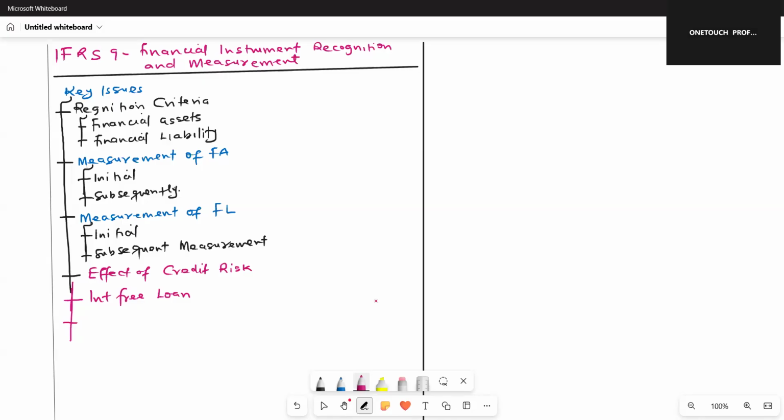We have subsidized loan as well. Are you doing this for CA or for UPSA?